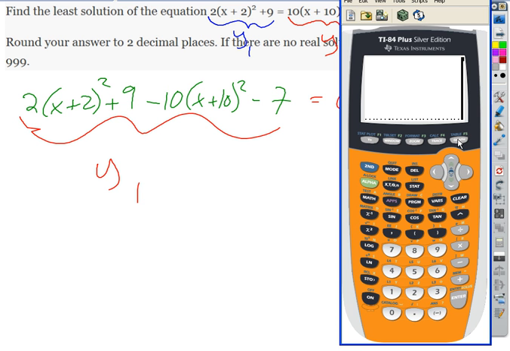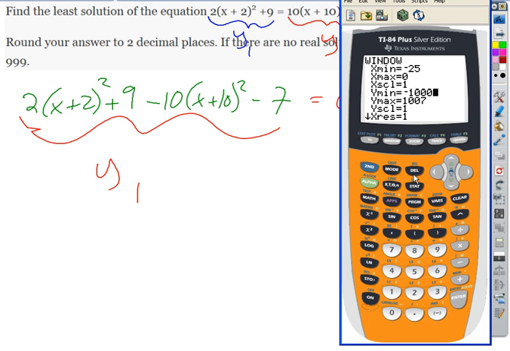I got to move my window down a little bit, though, right? So I'm going to go to window, and it looks like y min is 7, y max is 1,000. How about if I go down to negative 1,000? Okay, so there's negative 1,000.